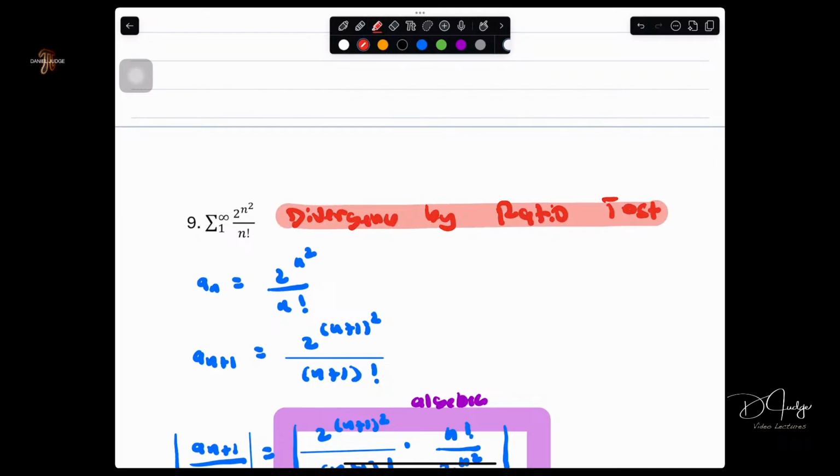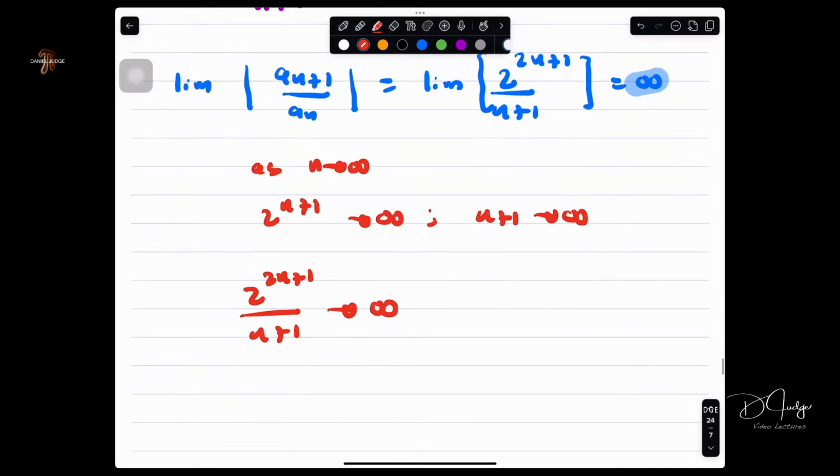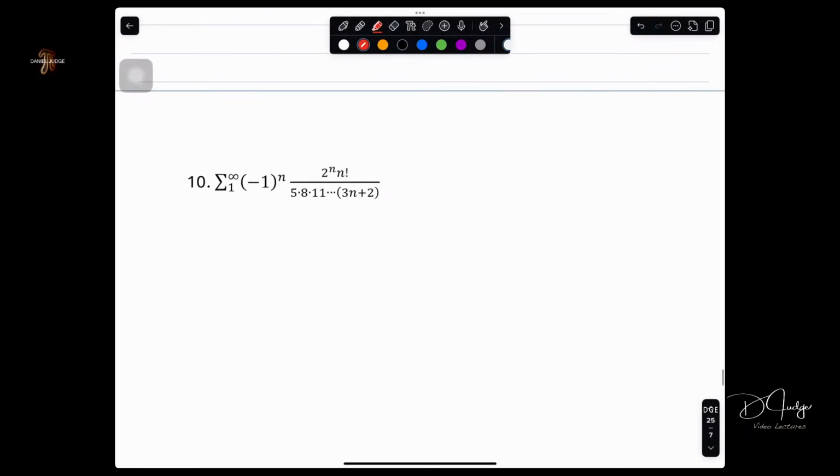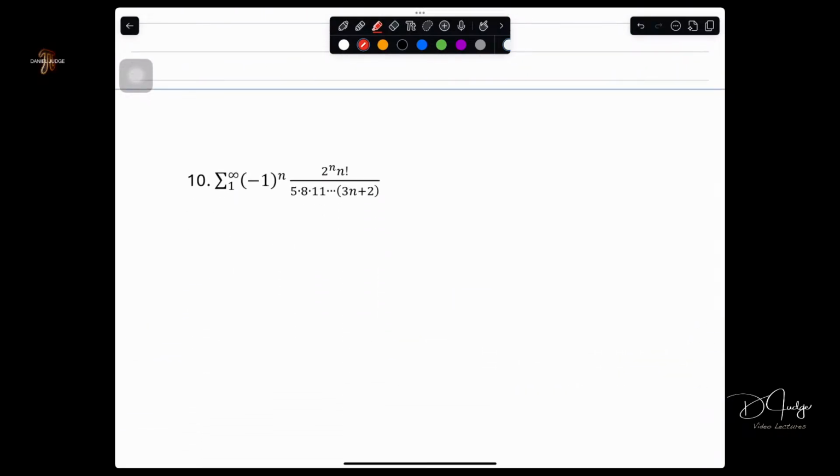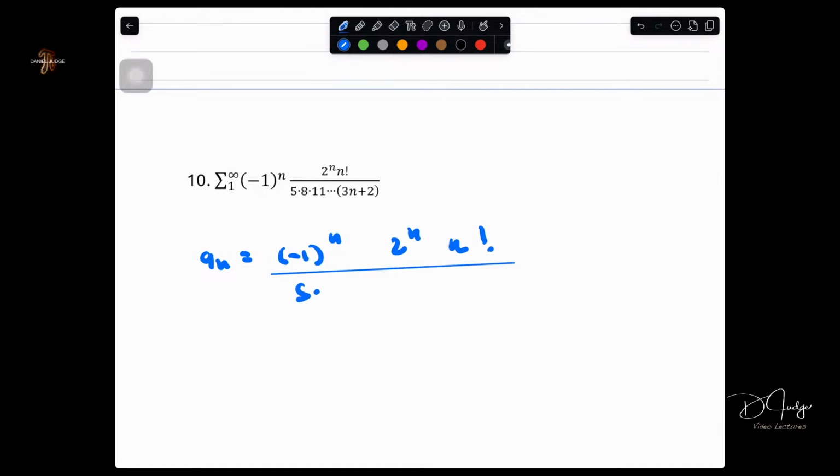All right. Number 10. a_n is negative 1 to the n, 2 to the n factorial over this product down in the denominator, 3n plus 2.